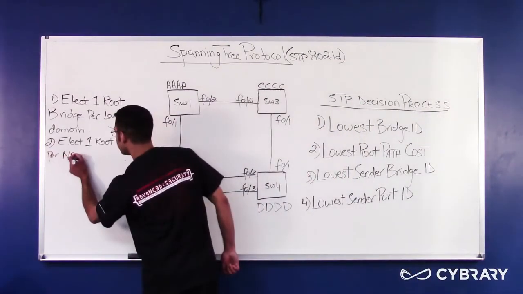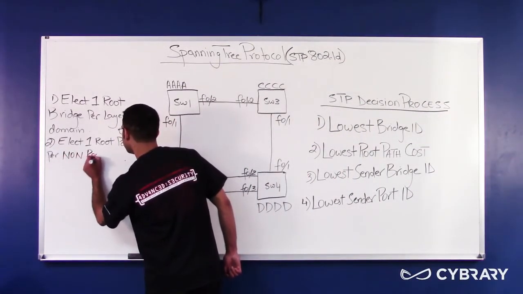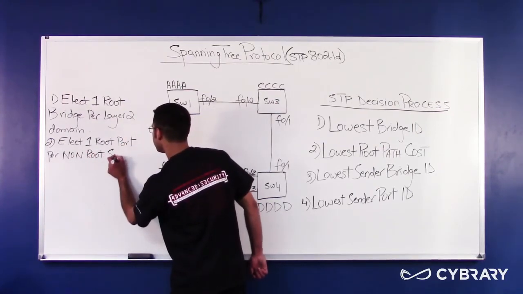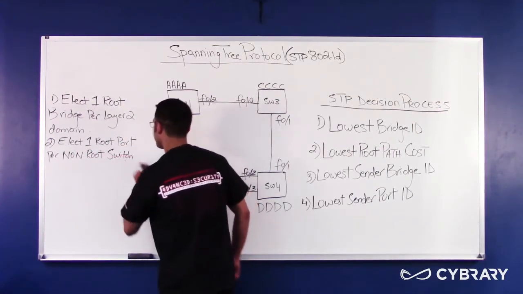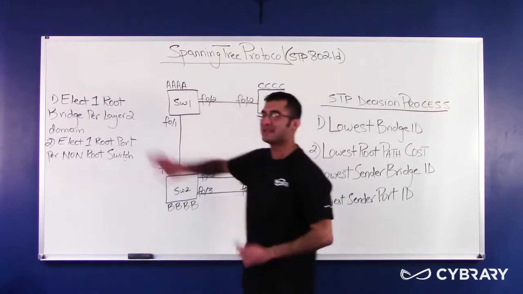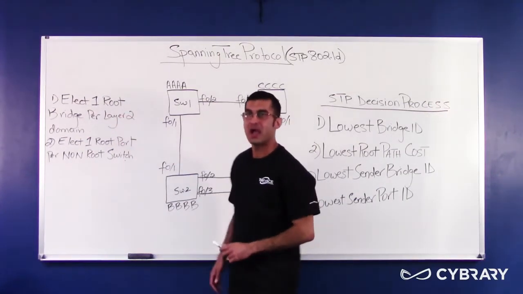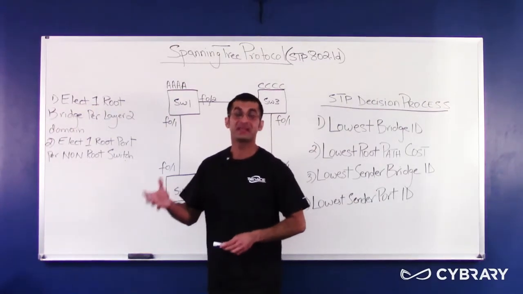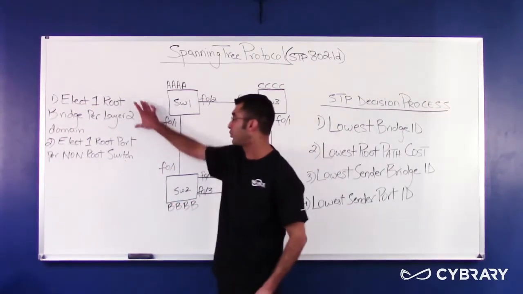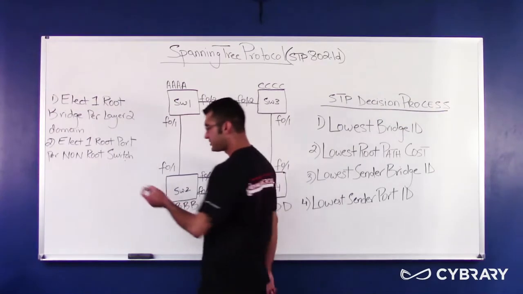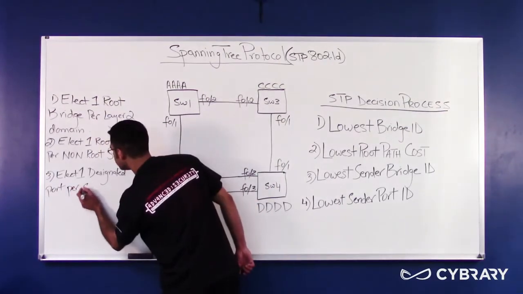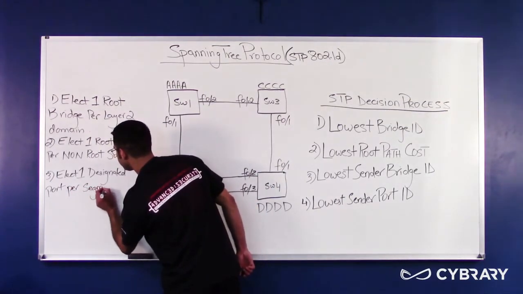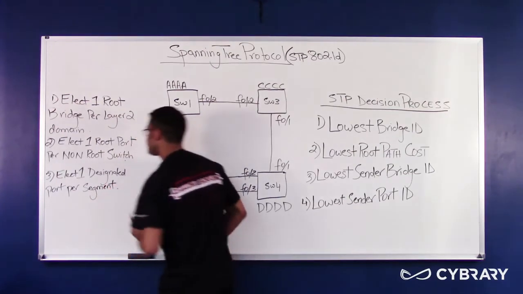Step 2 is elect one root port per non-root switch. And I know these don't make sense yet. They're not supposed to. I'm just going over the 3 steps that you need to make spanning tree converge, and then we're going to explore each step in detail. So the 3rd step is elect one designated port per segment.